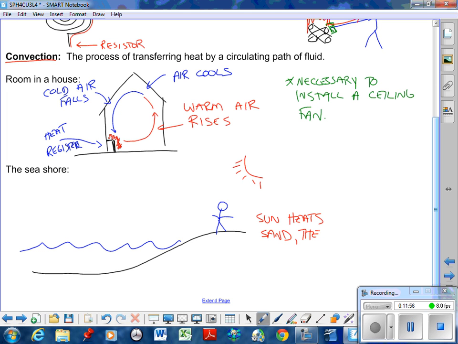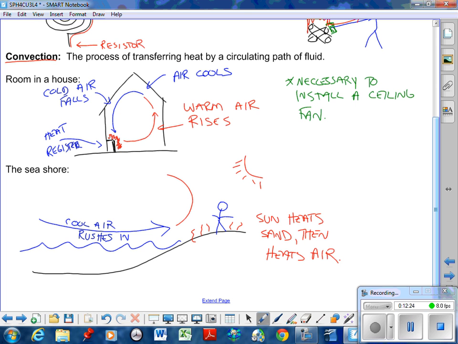Then heats air. So that sand is really hot on your feet. So that air gets hot and rises. What happens then is that we have cold air rush in to fill that void. So cool air rushes in.